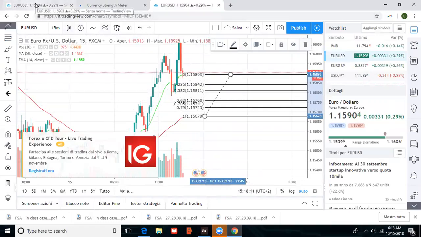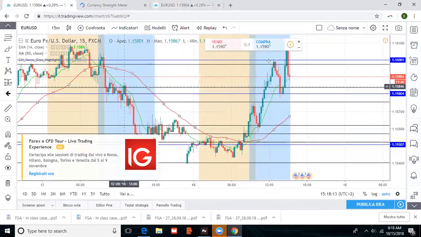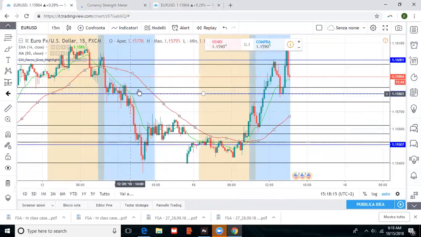Another indicator that you have to add, here you can see, is this one on the background. You see the pink and blue background? This one tells you when the Tokyo session opens, right here. Now, right here, the London session opens.